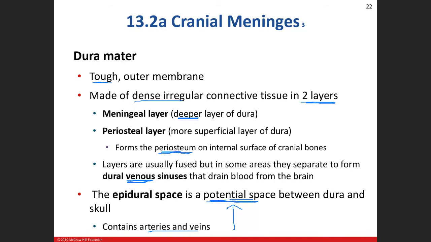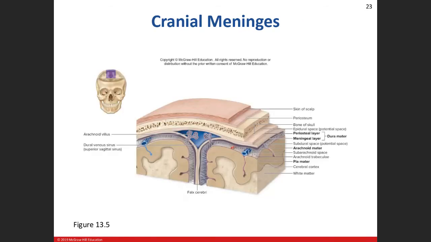Okay, so I'll show you a pretty cool picture right here. We're going to take a sample of the skull here. All right, so we're going to go from the outermost layer in. Here's the skin, or your scalp. On the outside of it, here's that periosteal layer.